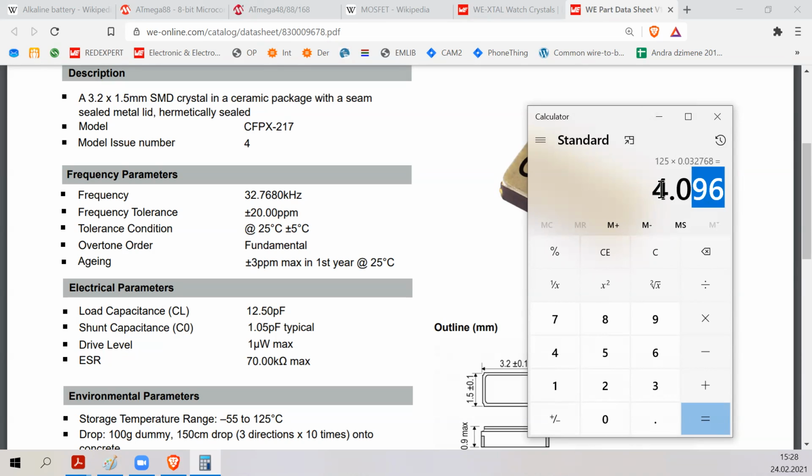It's 4 or 4.1. So instead of 32.768, it will oscillate at 32.772.096. So there's a little bit of difference.